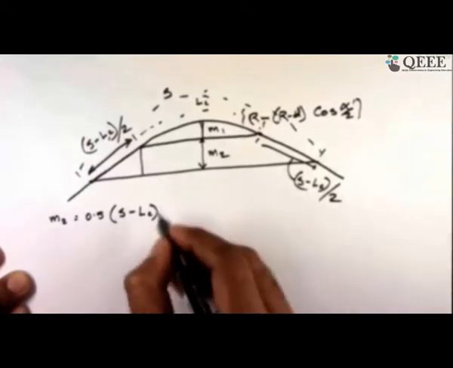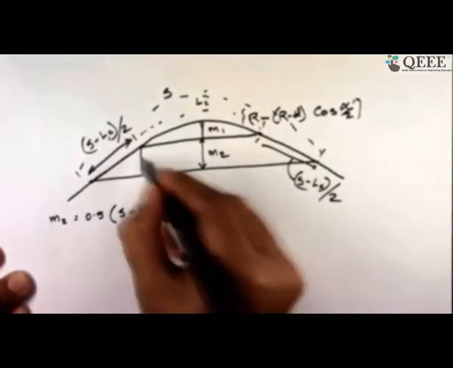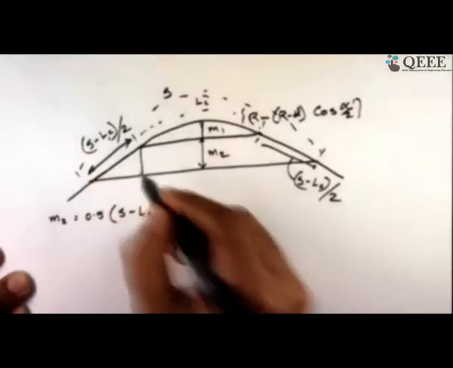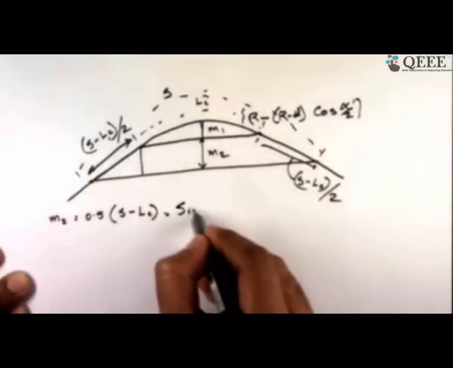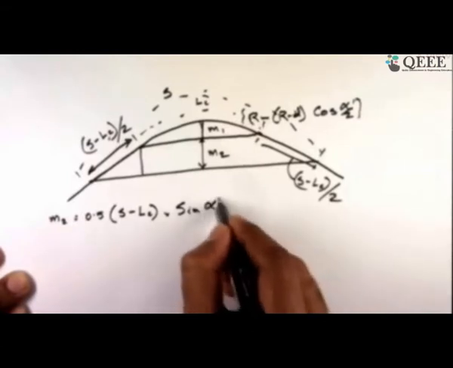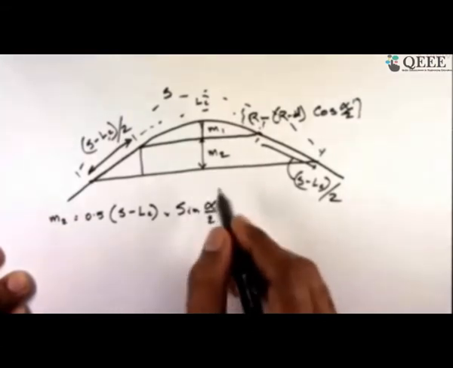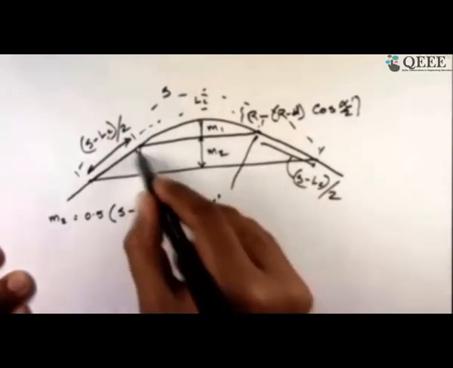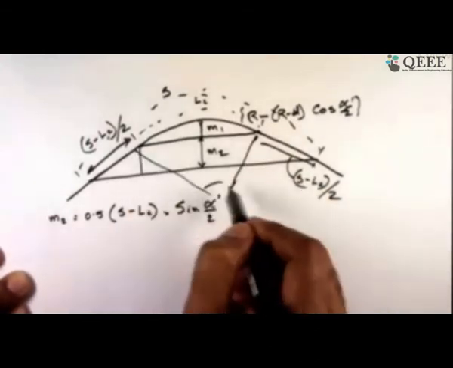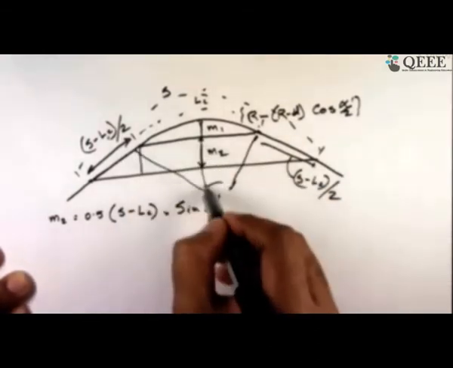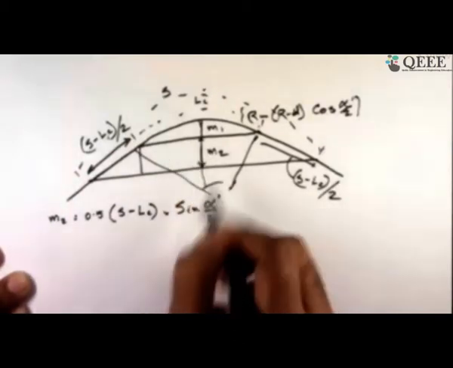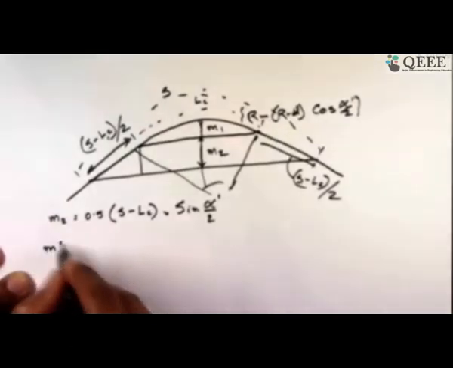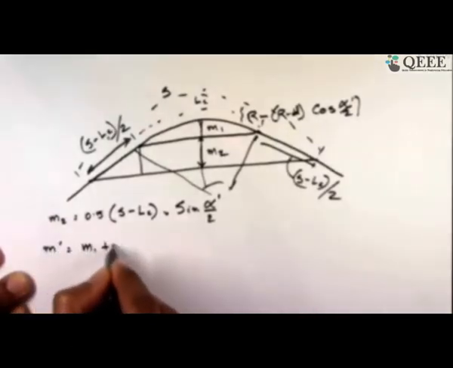The next part is you need to calculate this distance. So this is your sine alpha by 2. Again it is coming from that angle, whatever this angle was, alpha. So this alpha by 2 you are going to get, and from there you can estimate this m2. So m dash is equal to m1 plus m2.